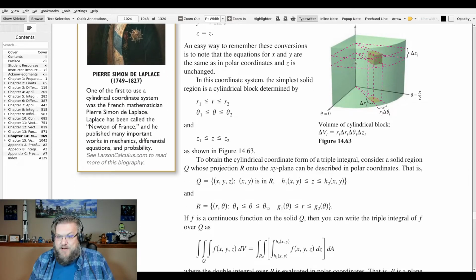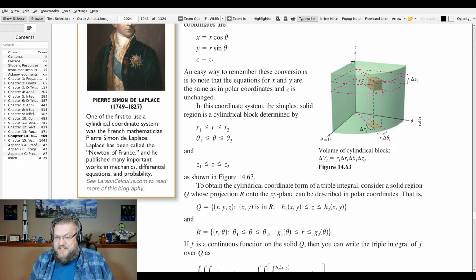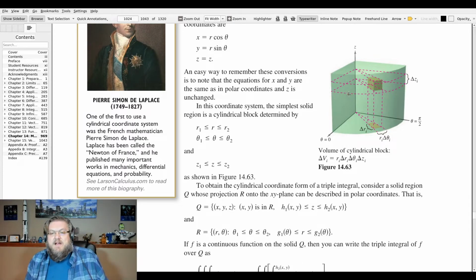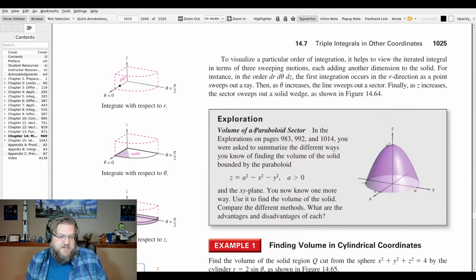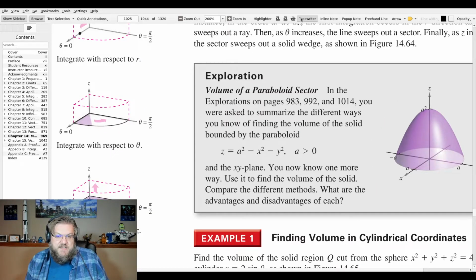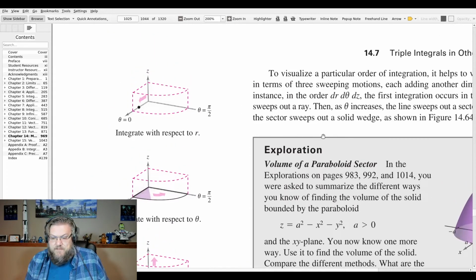So now, if I want to form a triple integral, look at this. I can see the way that I can sweep through this. Instead of thinking bottom surface to top surface, or left to right, or front to back, I want to think of it this way. There are some cool pictures here that do a nice job of visualizing how we sweep through this.